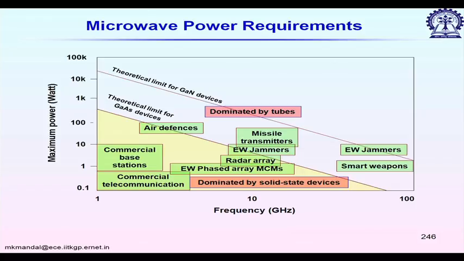So, it is expected that millimeter wave active devices will be used for this type of communication. For solid state devices, a gallium nitride based device can provide more power compared to other solid state devices. This is the theoretical limit for gallium nitride based devices, and the second line shows the theoretical limit for gallium arsenide devices. We will see which parameter determines high frequency operation and maximum power capacity.